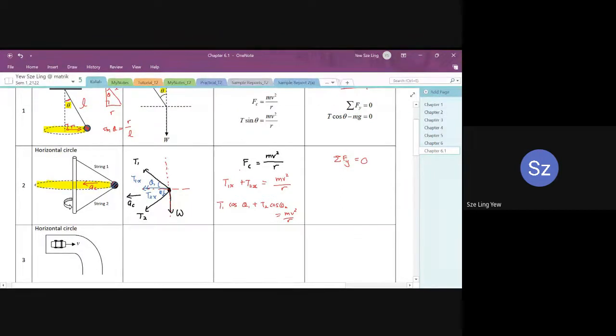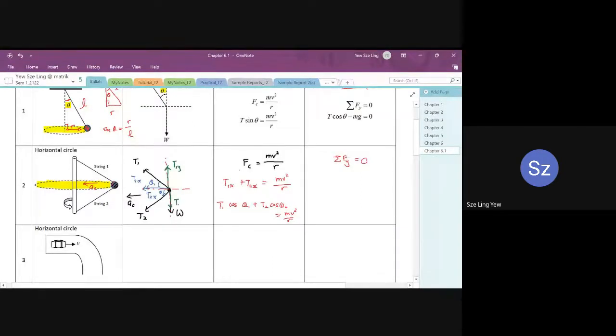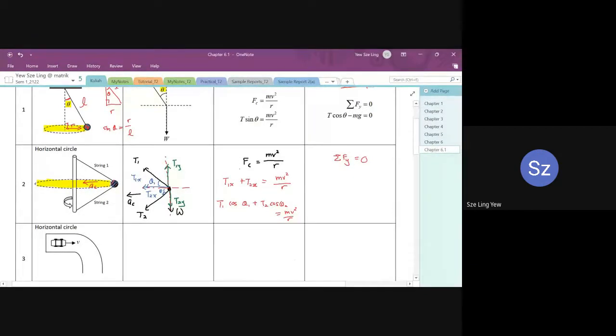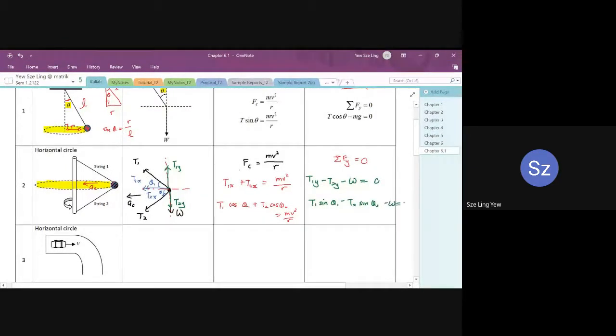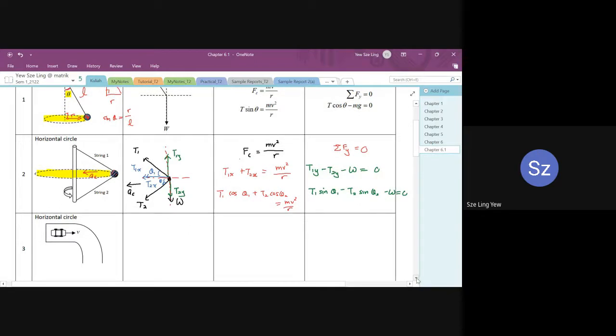You have T1y going upwards, and then T2y going down, and at the bottom you also have a W. Therefore, this equation becomes T1y minus T2y minus W equals 0. So T1 sine theta 1 minus T2 sine theta 2 minus W equals 0. So that is how you solve it. You look at the x component, you look at the y component.